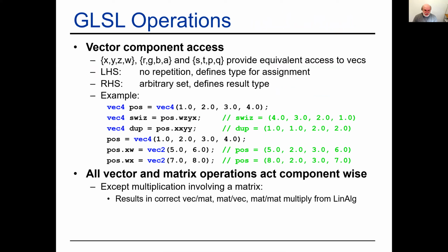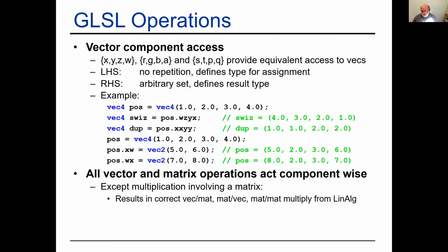So how can you do operations in OpenGL? Obviously vectors are a key element because we typically operate on colors or vertices, things like vectors. These vectors actually implicitly have named components.